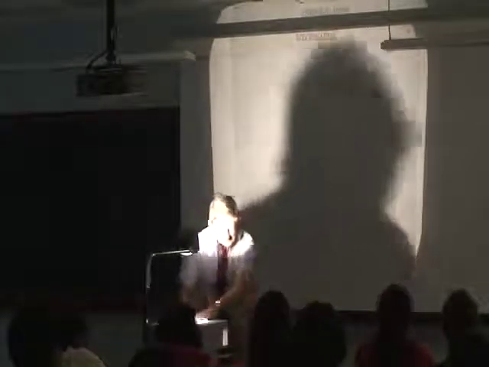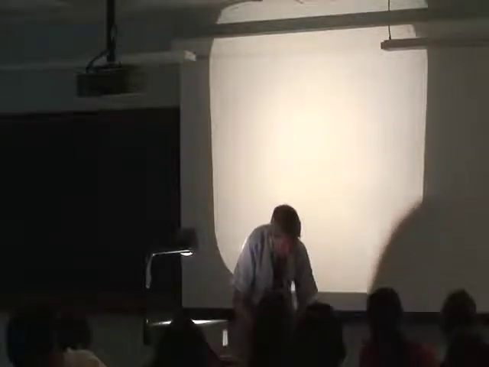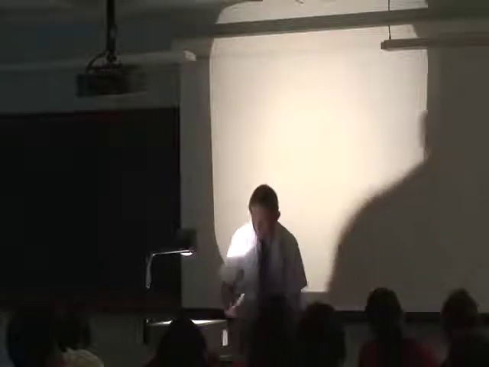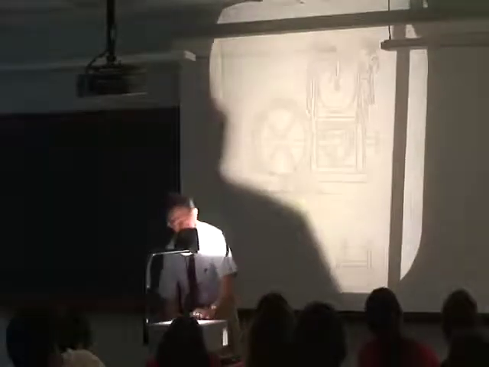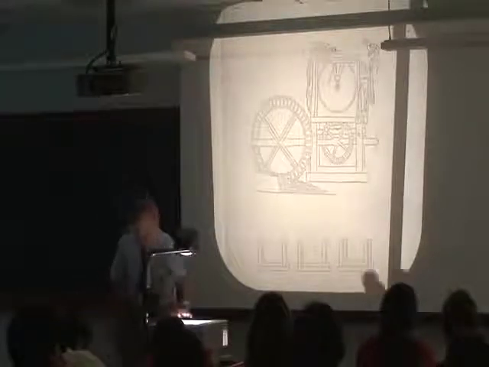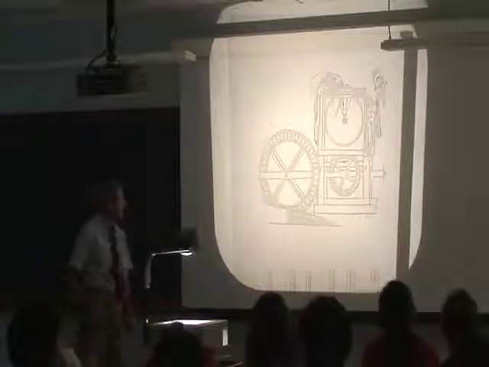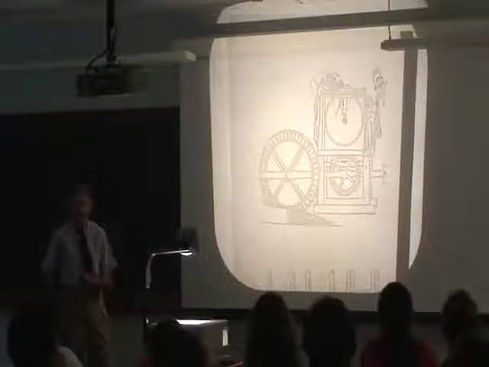Okay, what are a few tangible examples of this? First example I've been able to find. This is about 1300. And this is the specification for what? What do you think that is? Water wheel?